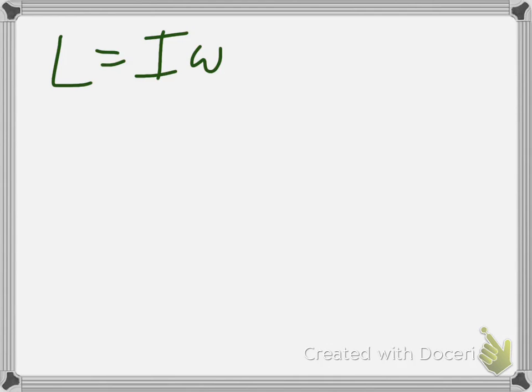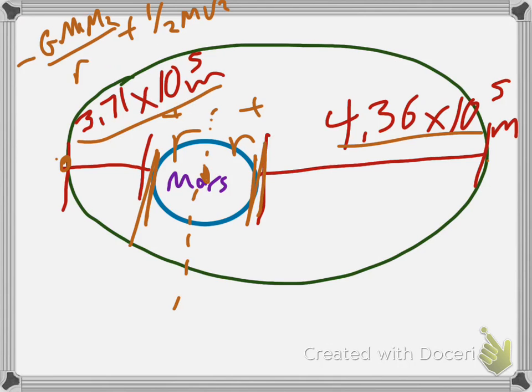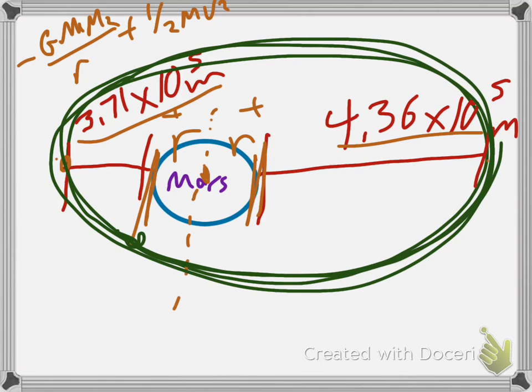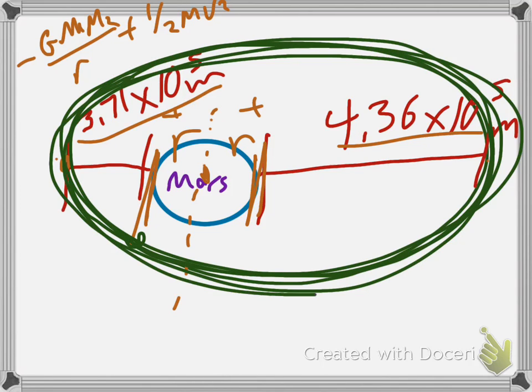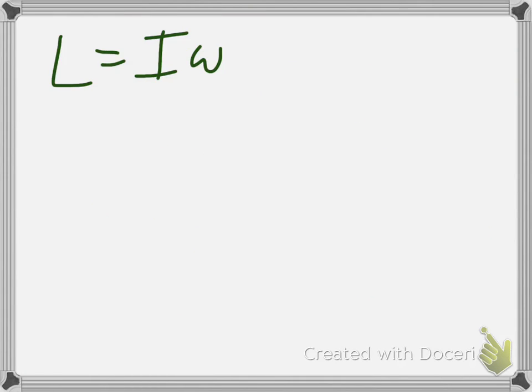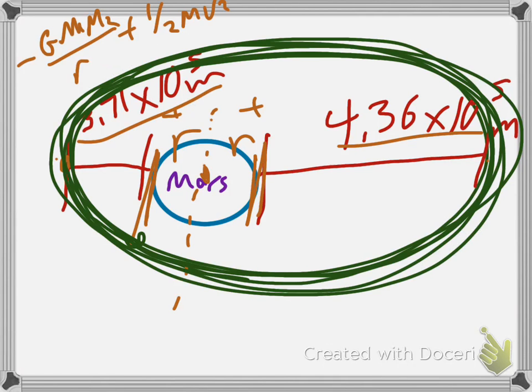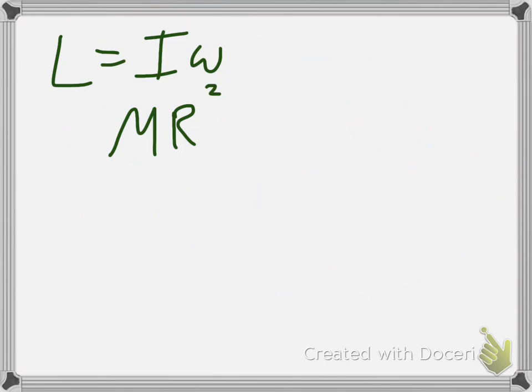And in this case, we're talking about a planet. Now, a planet is a sphere, but we're talking about the satellite as it goes around our object, not the planet itself. So we can treat that as just a random object. So I is going to be m r squared, where that r is going to be the distance from the center of the object, so we'll have two different r's each time.